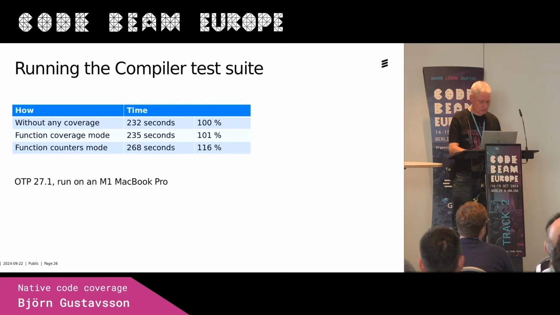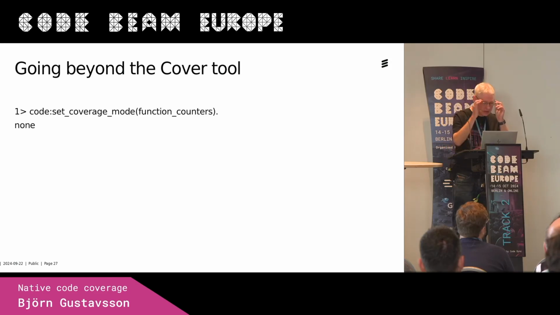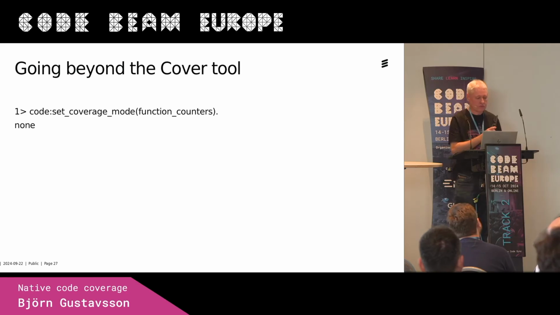Let's see, what did I have next here? Yeah, there's also a BIF. Instead of starting the runtime system with an option, there is a BIF to do the same thing, to set the mode, and then all code subsequently loaded will be instrumented in that mode.